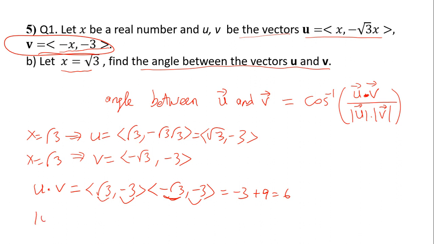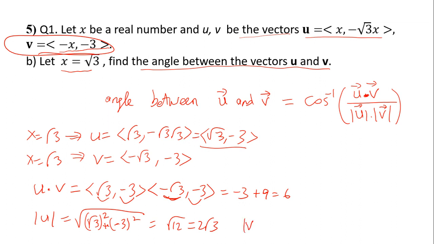Now, the norm of u, or the length or magnitude of u, look at here, is the square root of square root 3 squared plus negative 3 squared, which makes 3 plus 9, which is 12, which makes 2 square root 3.